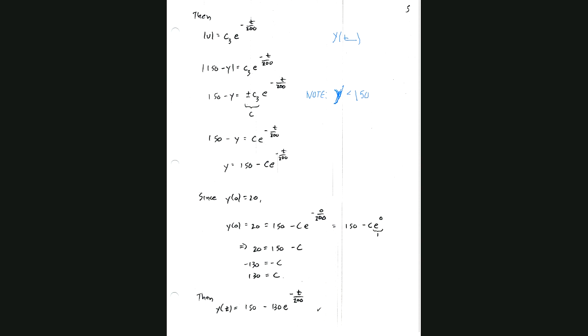I can justify that now. The tank has 5,000 liters of water, and over time you're pumping in this brine solution that contains 0.03 kilograms of salt per liter of water. Salt per liter. Okay.